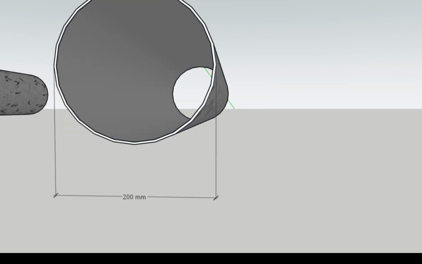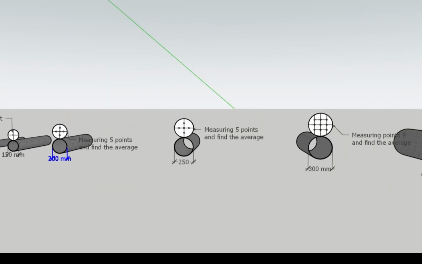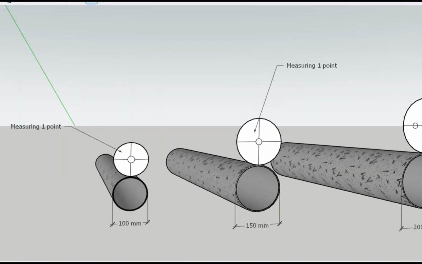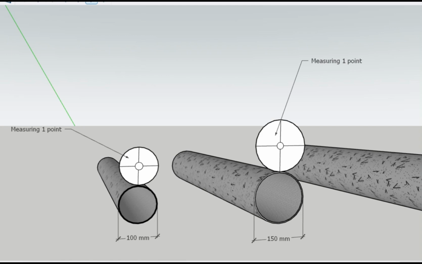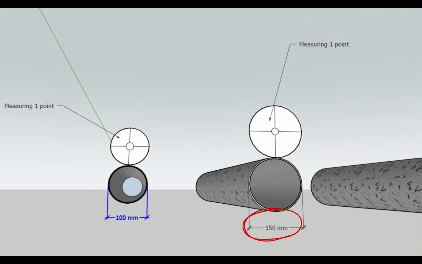Here, let's see the duct sizing. For round duct DN 100, we need to measure only one point. For the duct sizing of 150 millimeter, DN 150 millimeter, we also measure only one point.